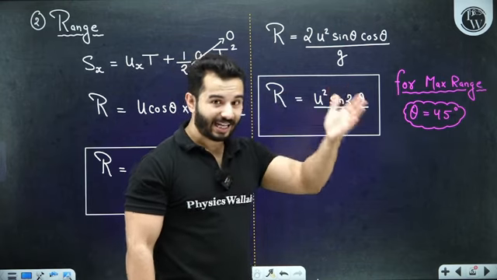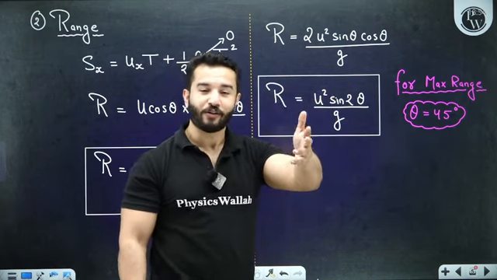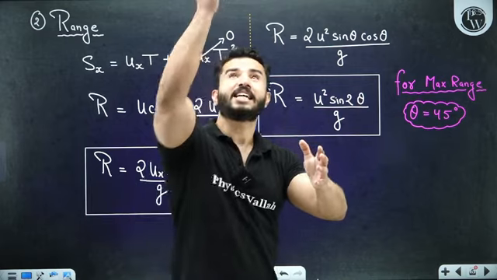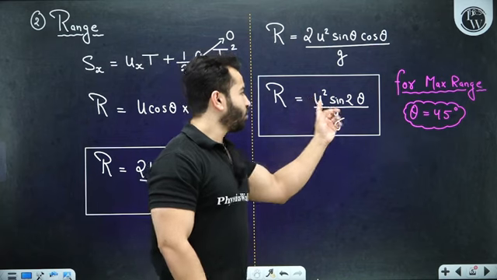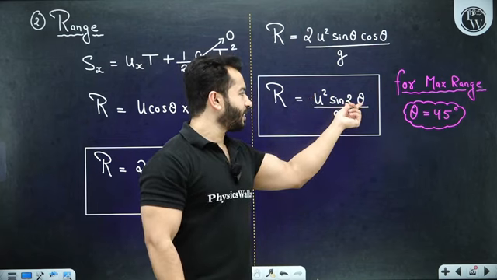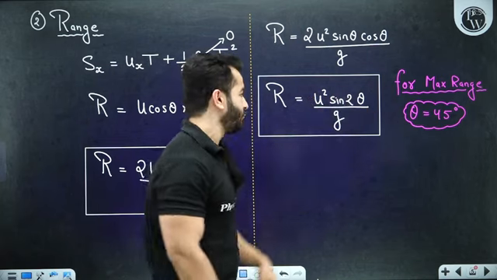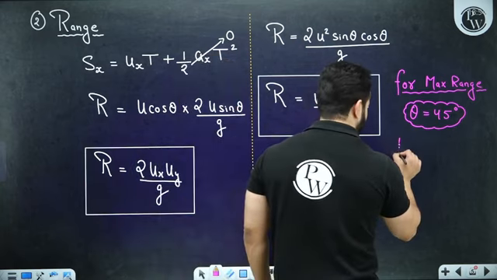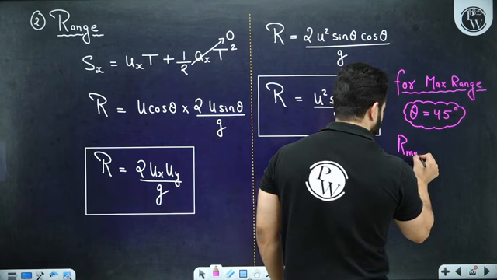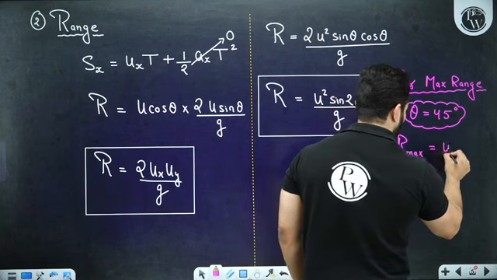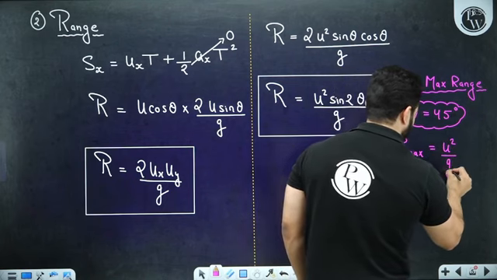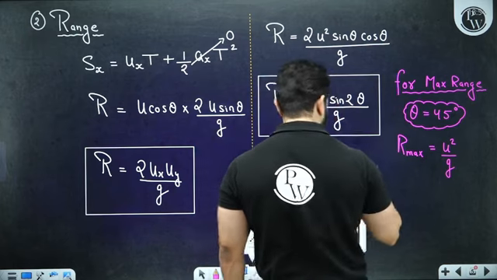So excluding the 90 degree angle, because if we throw something at 90 degree, it goes in one dimension. So if this is 45 degree, this becomes 90, sine gives its maximum value, right? And that maximum value is u square by g. This is also something which is important.